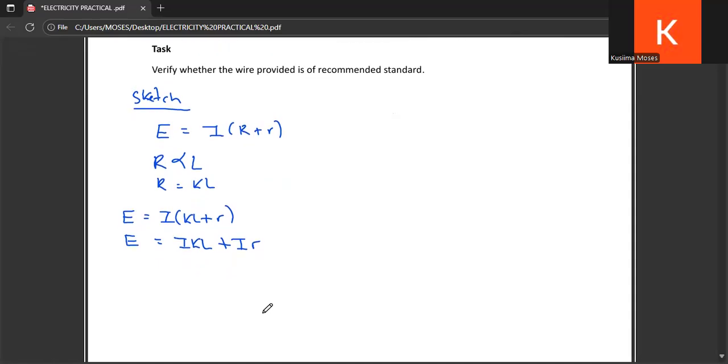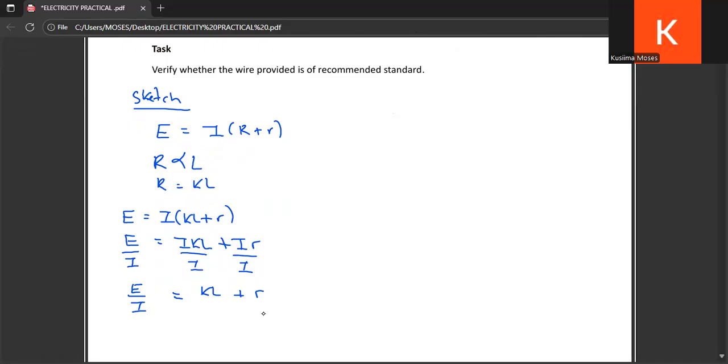Now we can divide by I on both sides, so that E over I equals KL plus r.